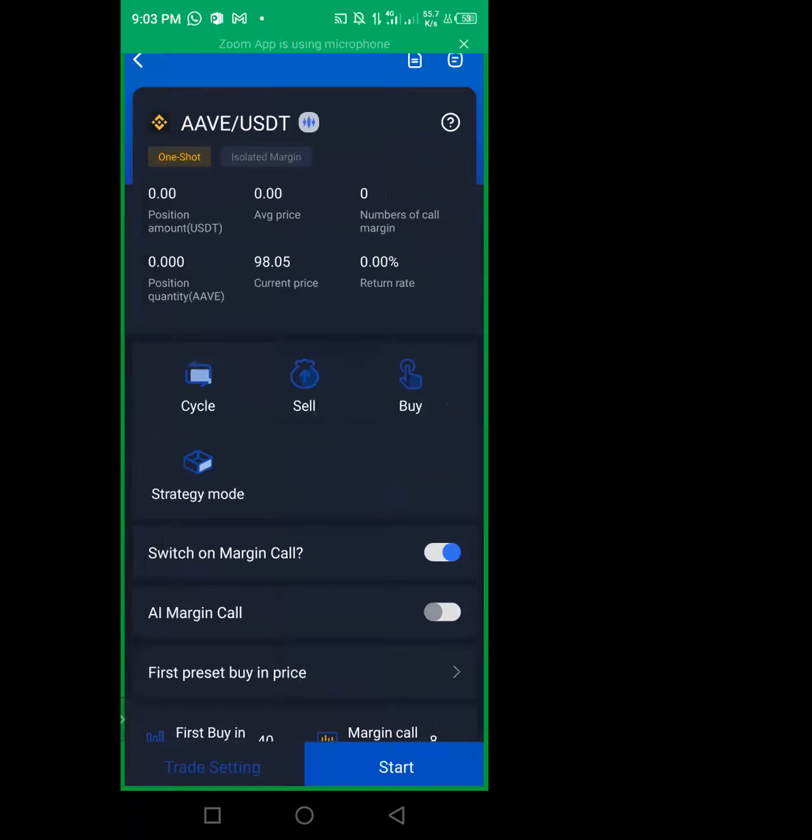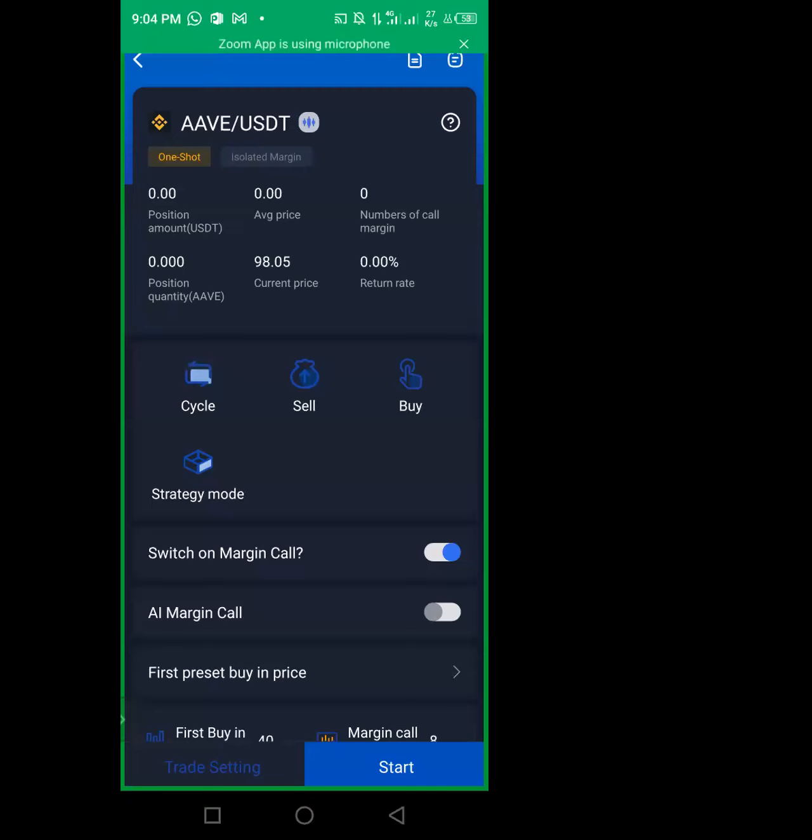Okay, AAVE. At the top, you see that this coin we are trading is on Binance Exchange. So you can see the logo here. Now you can see the name of the coin, AAVE. That is the cryptocurrency you want to trade. You're asking the robot to trade for you. Slash.